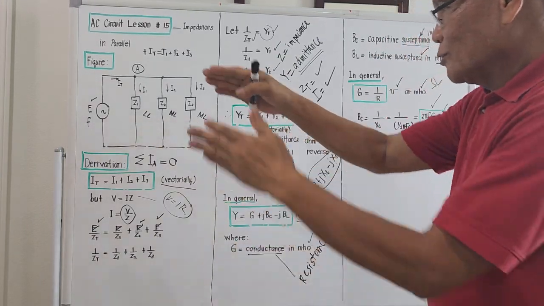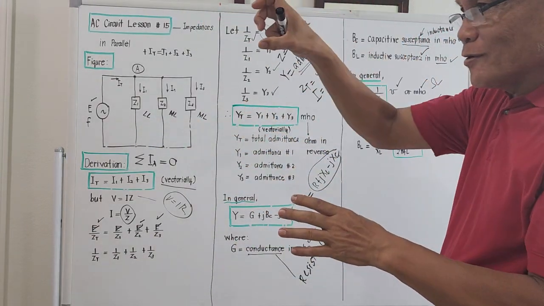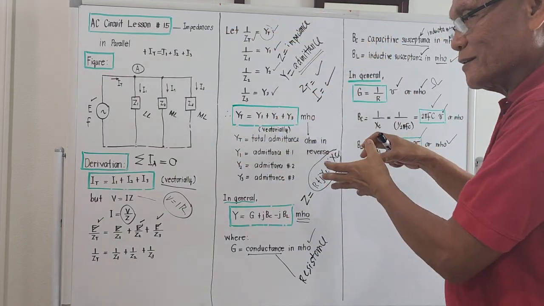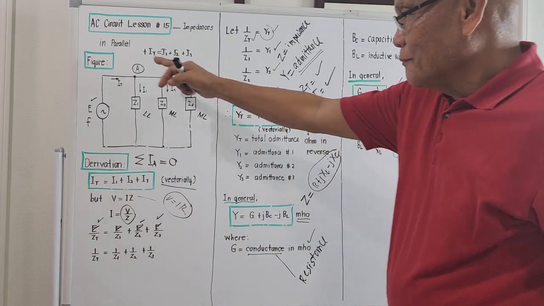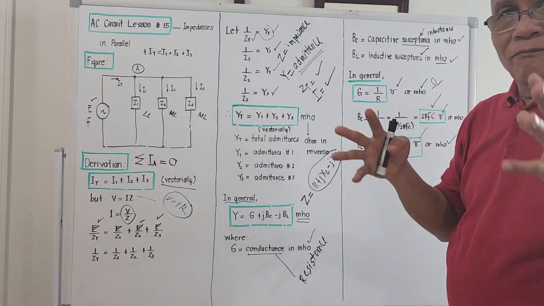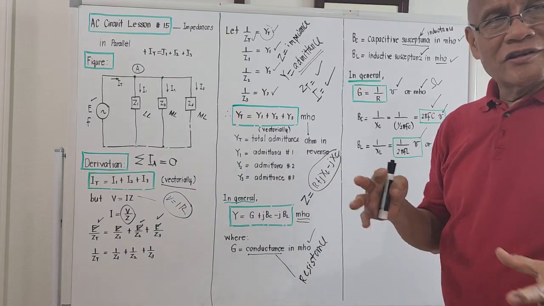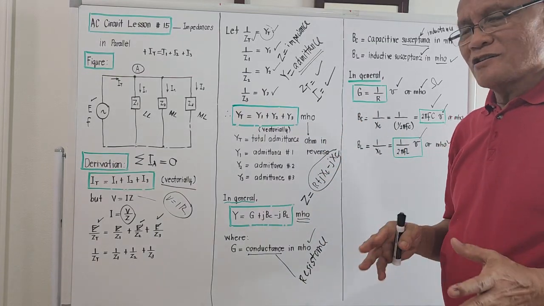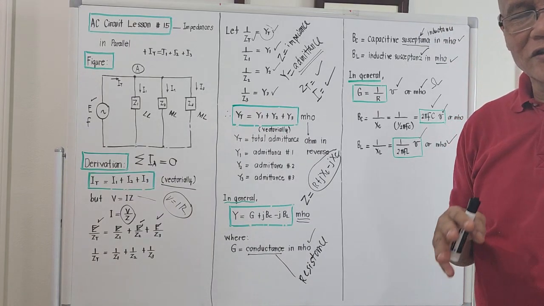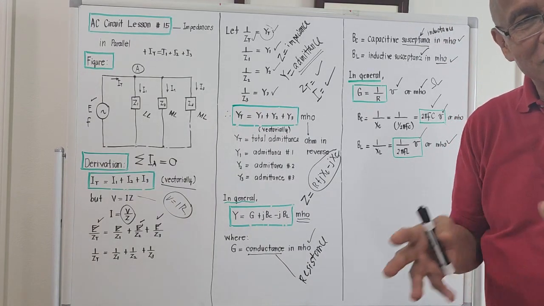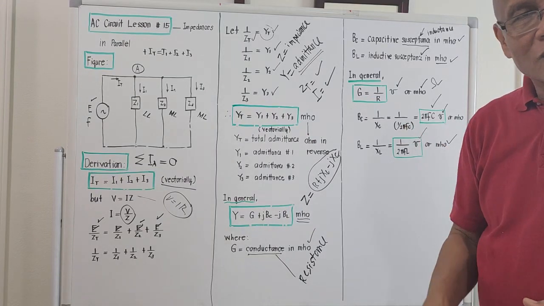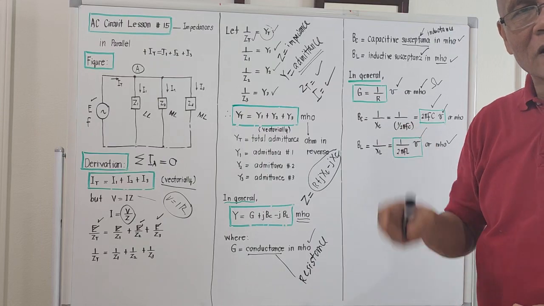You tap another load, you could consume any current. So in real life, the real connection is actually parallel connection. Series connection, I think, is only used maybe in the study of physics, in the series parallel connection of batteries. But under AC circuit, the real connection is actually parallel connection.